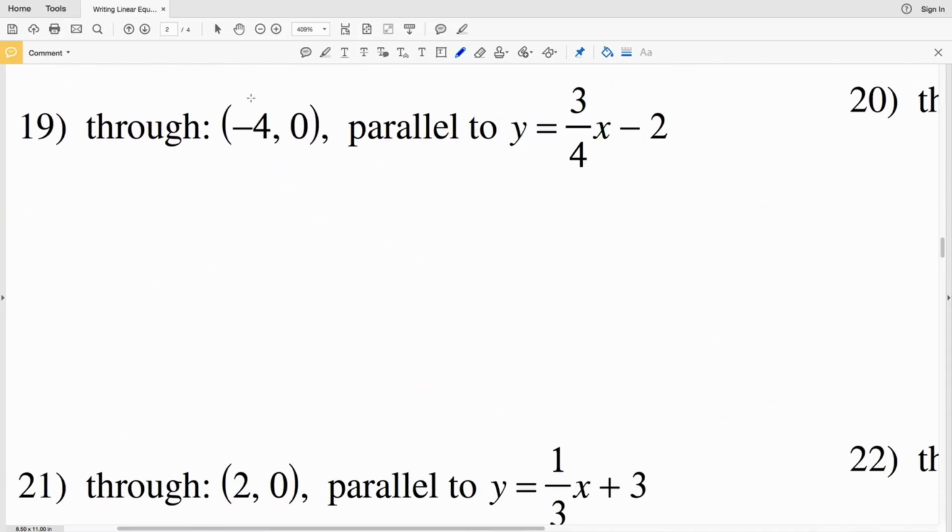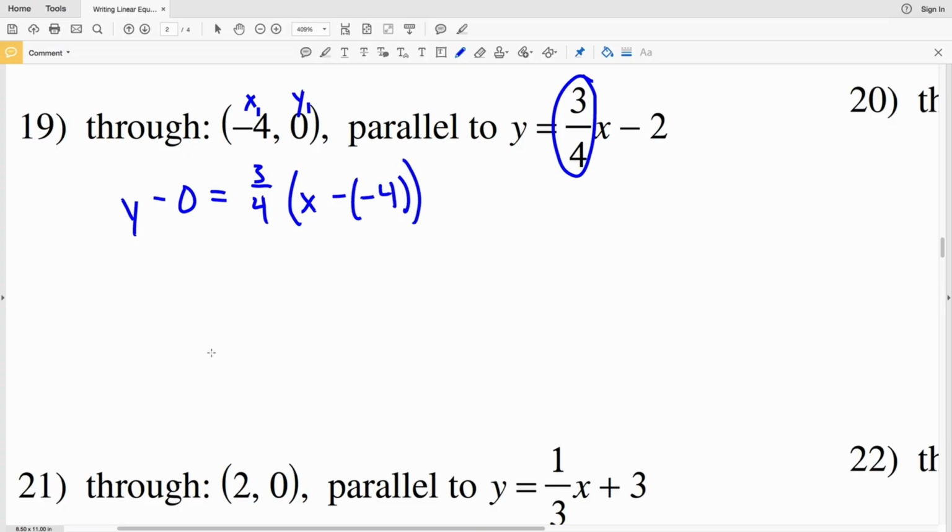In number 19, our x1 is negative 4, our y1 is 0, and it's parallel to y equals 3/4 x minus 2. And parallel means it has the same slope, and the slope is that 3/4. So y minus y1 is y minus 0, and that's equal to m, so 3/4, times x minus x1, which is that negative 4.